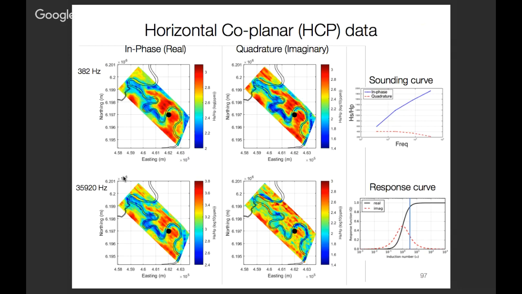Well, first of all, if you were shown data that looked like this, what would that say about which side of the response curve you're on for an EM system? You're on the high induction number or the low induction number?